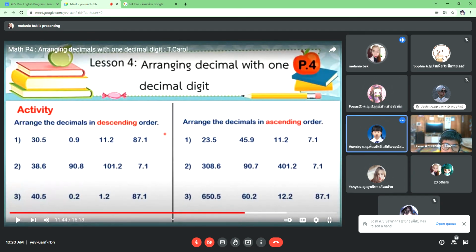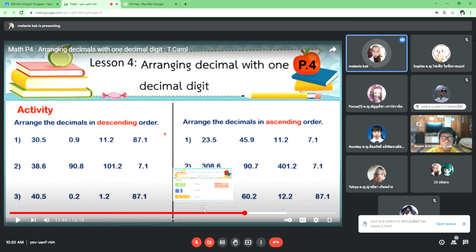Okay, and then the next? 9.7. Okay, and then the next? 308.6. Okay, and the last one. 401.2. Great job. And then the number 3, the last number, children. 12.2.